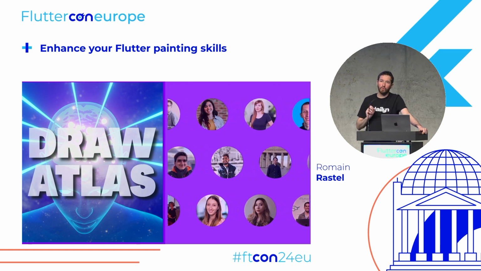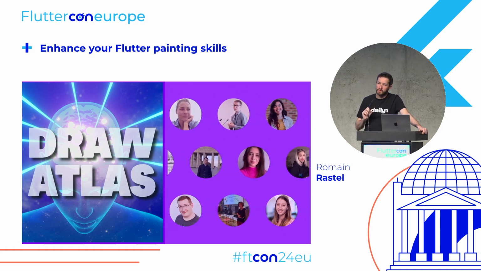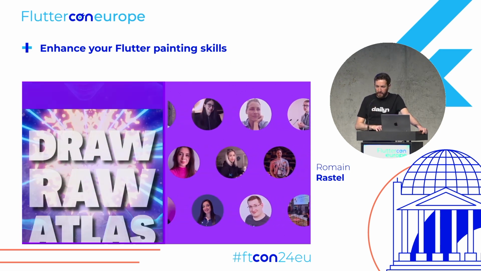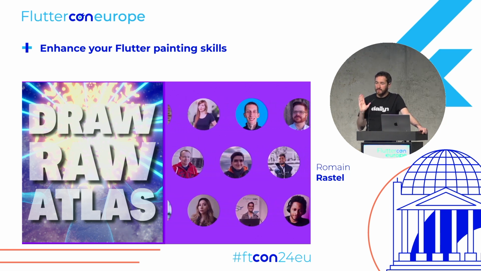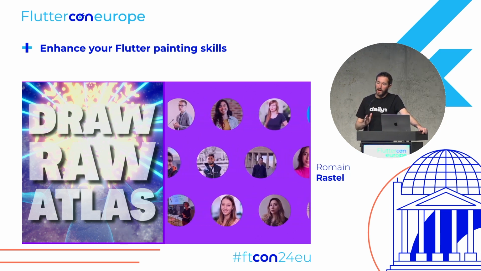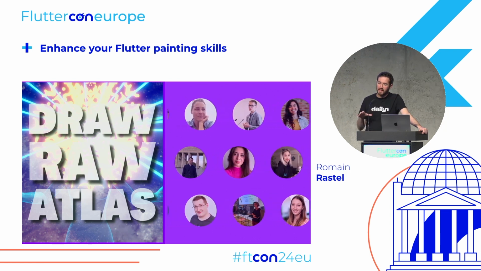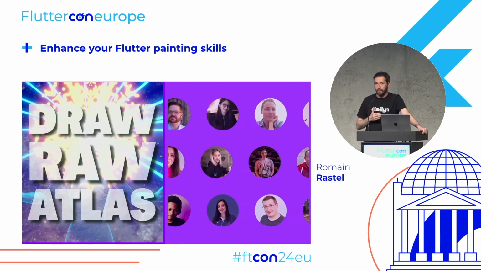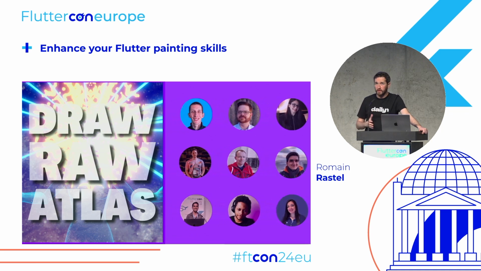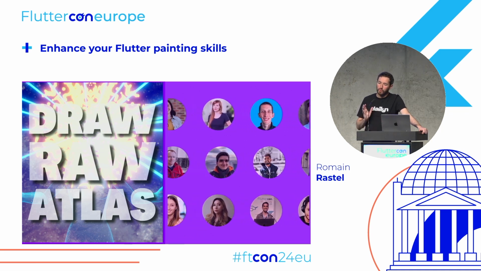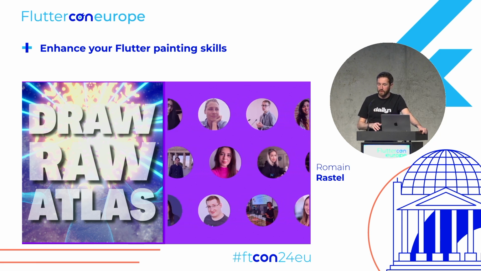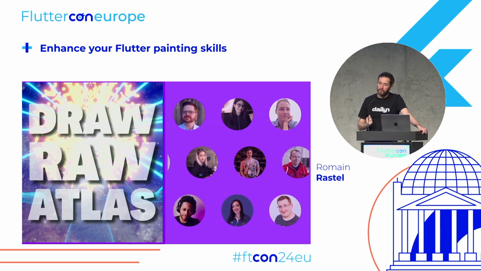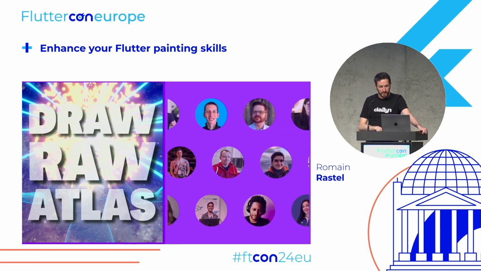And if you want to have the best performance possible, there is a drawRawAtlas method. It has the same semantics as drawAtlas, but instead of providing a list of rectangles for the positions, you have to provide a Float32List. So it's maybe harder, but this is really useful if you want to have the best performance possible.